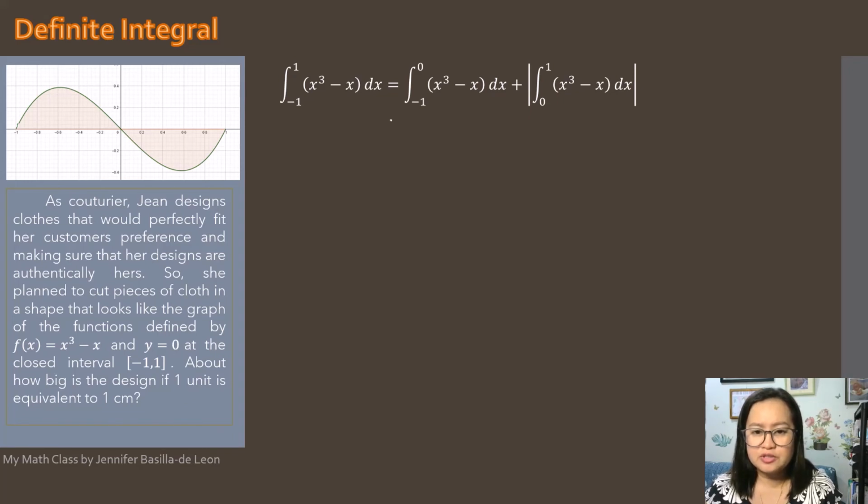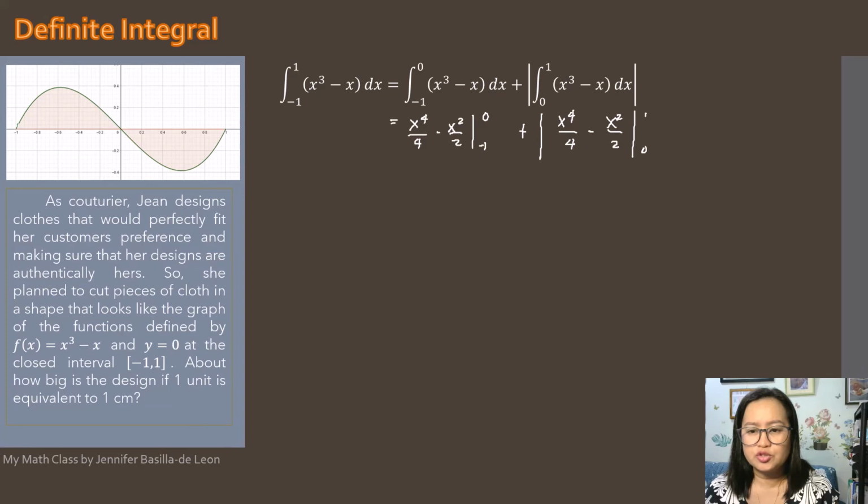Let's continue the solution. So getting the antiderivative of the given function, we will have x to the 4th power over 4 minus x squared over 2, evaluated from -1 to 0, plus the absolute value of the antiderivative of the given function, evaluated from 0 to 1.